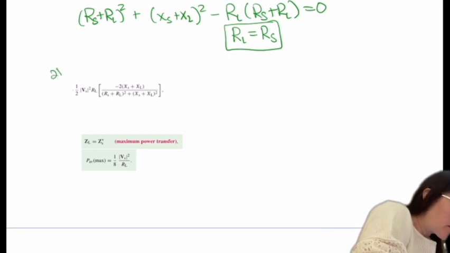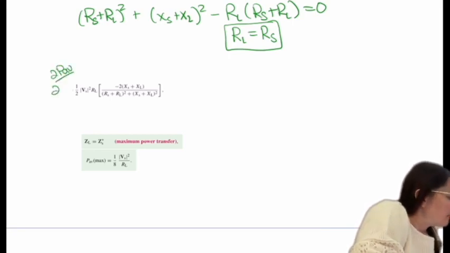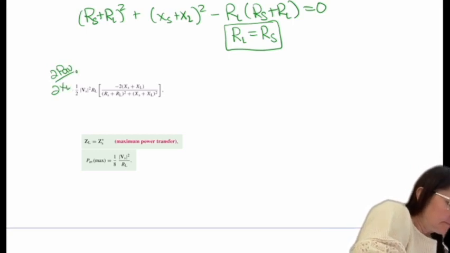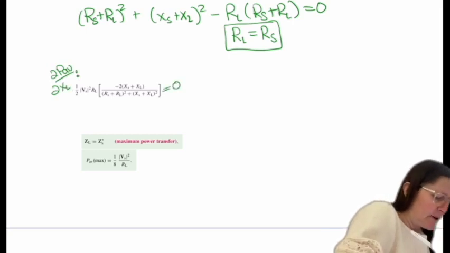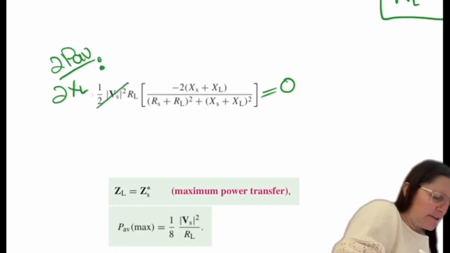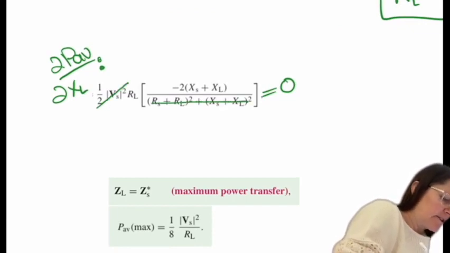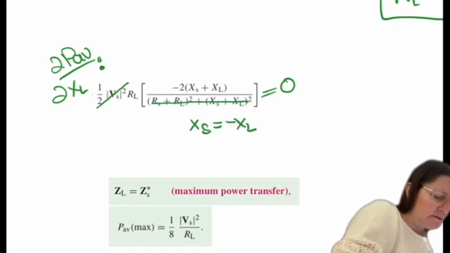And then when we take the partial average with respect to XL, set that equal to 0. This will cancel out, the bottom will cancel out, and then the minus 2 will go over. So XS is going to just equal minus XL.